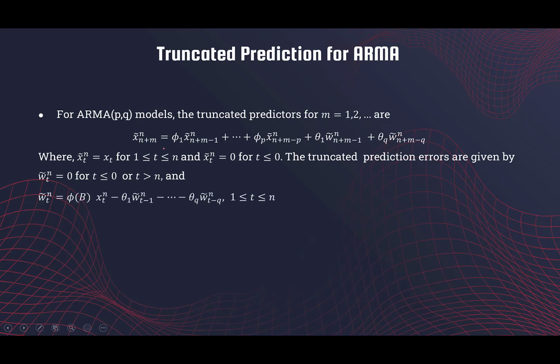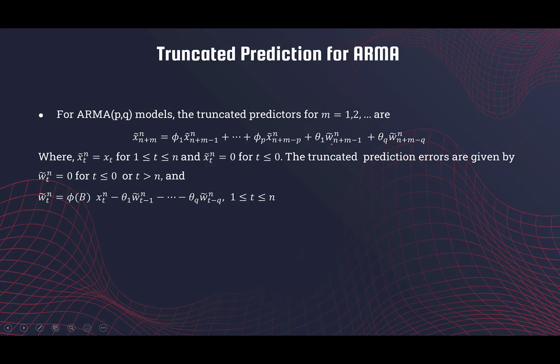So m is equal to 1, that means x tilde_{n+1}^m is equal to, now this is an ARMA(1,1), so we only have phi times x tilde_n. Remember m is equal to 1 right now, so this is what we're left with. All of these other phi's are zeros, and then we have this. We just have one theta, right?